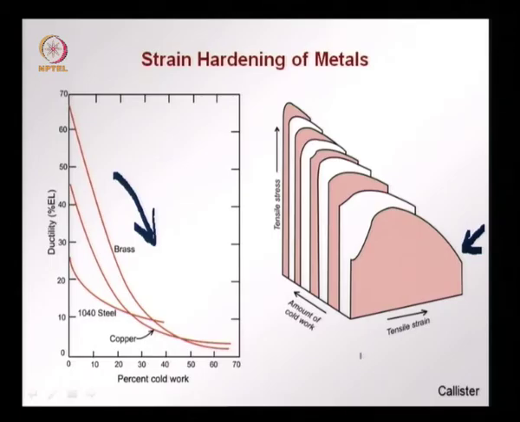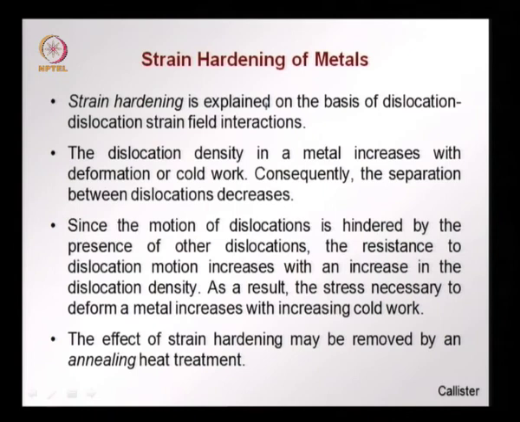So when we look at cold work, as the cold work increases, the strain capacity will decrease, but the tensile stress capacity will increase. This is the reason why we had the phenomena that we discussed earlier. So strain hardening in the microstructure can be explained as occurring due to the interactions between dislocations or dislocation strain field interactions.